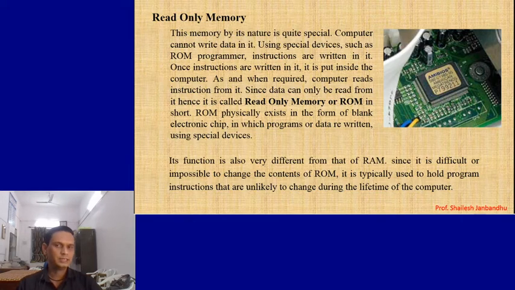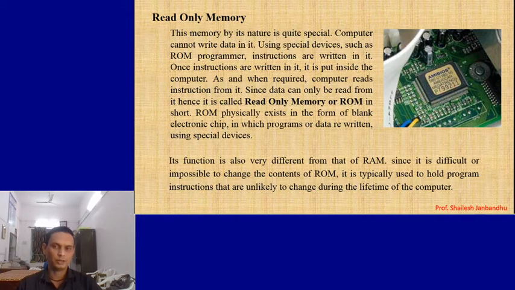ROM physically exists in the form of a blank electronic chip in which programs or data are written using special devices. ROM stores the instructions. Once the instructions are written, it is put inside the computer. It can never be rewritten.